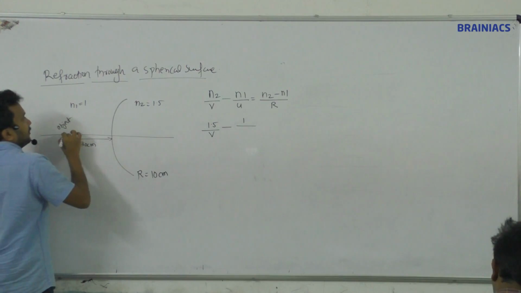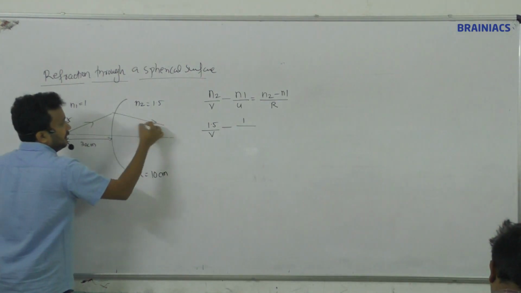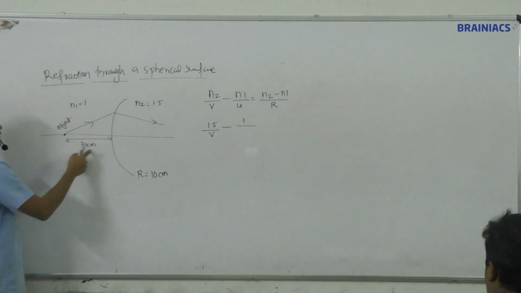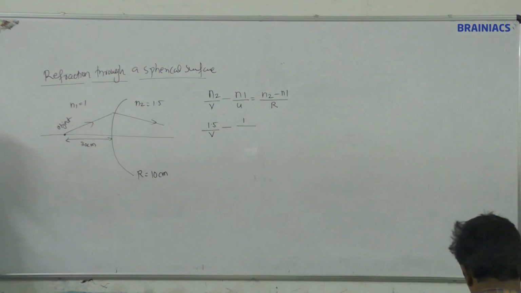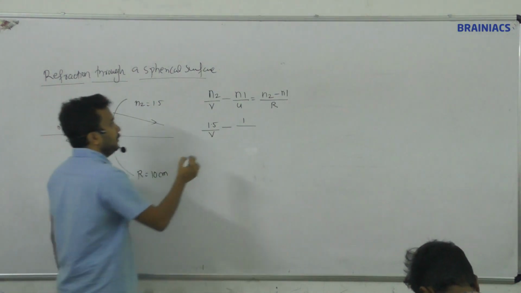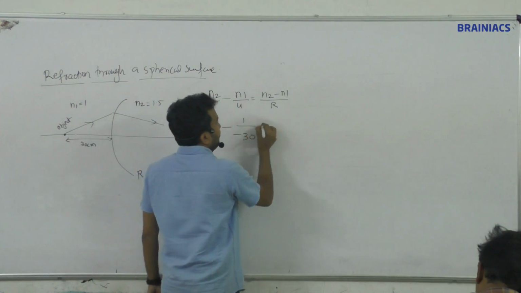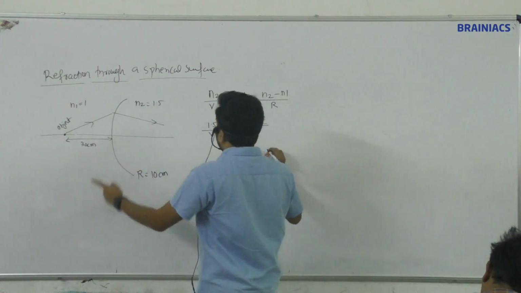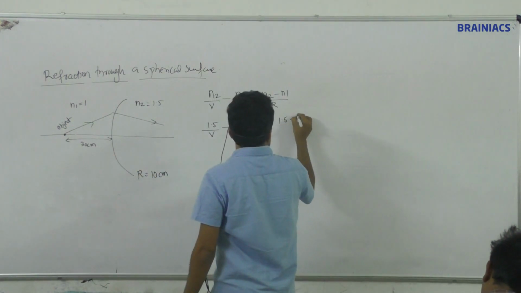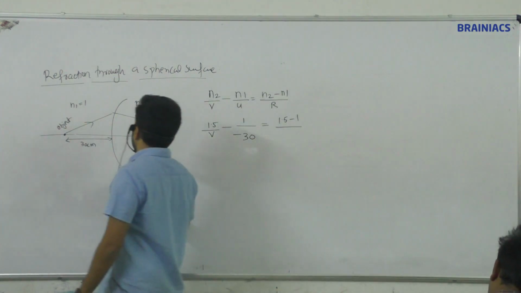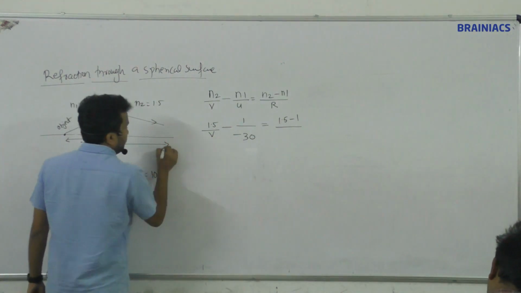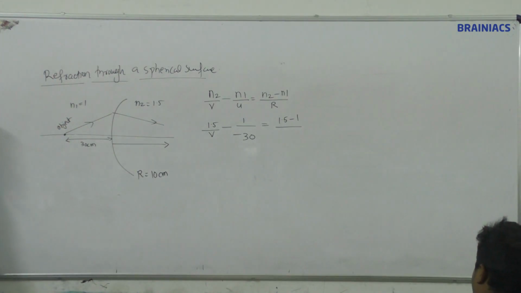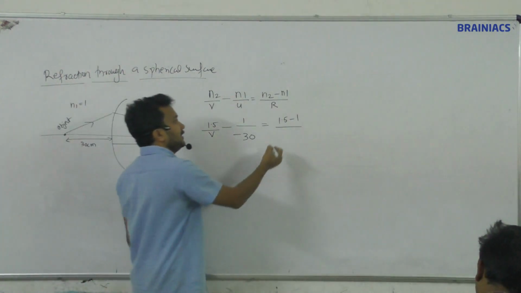We measure the distance towards the left, against the direction of the incident ray, so we put minus 30, equal to 1.5 minus 1. Radius of curvature is measured along the direction of the incident ray, so it is positive, 10.